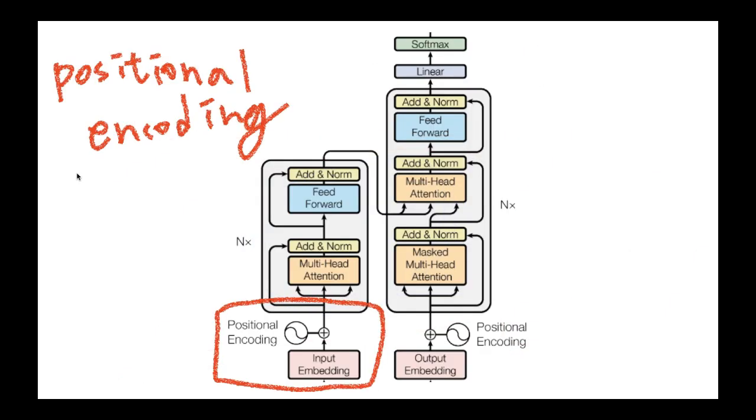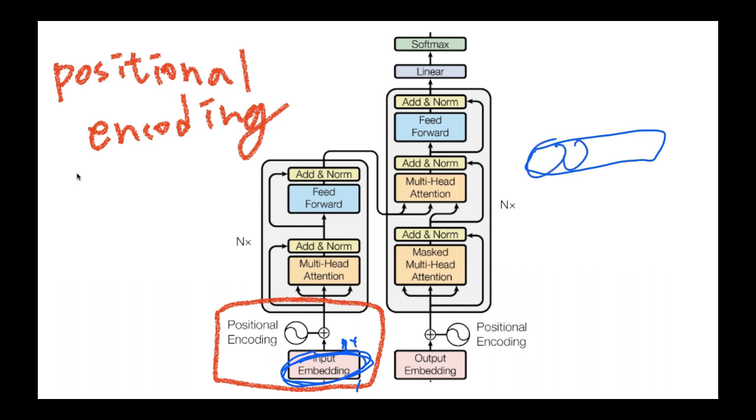Okay, so let's talk about positional encoding. It's one of the very important parts of the transformer. You have the embedding layer, which we covered. You convert your token to a numerical vector, and you have a list of tokens, so a list of numerical vectors. But how can the model know which token comes first and which comes next?